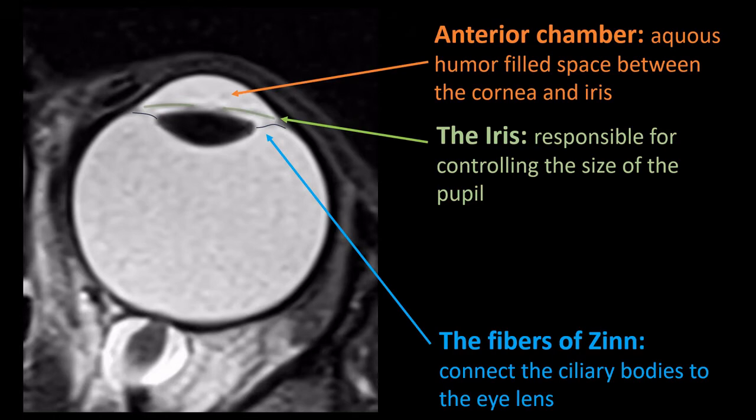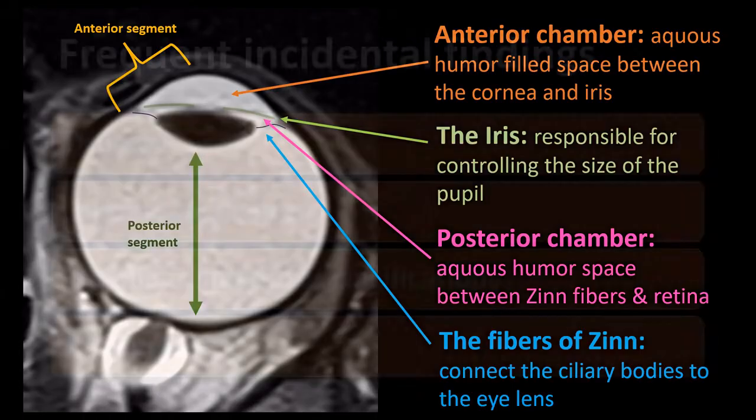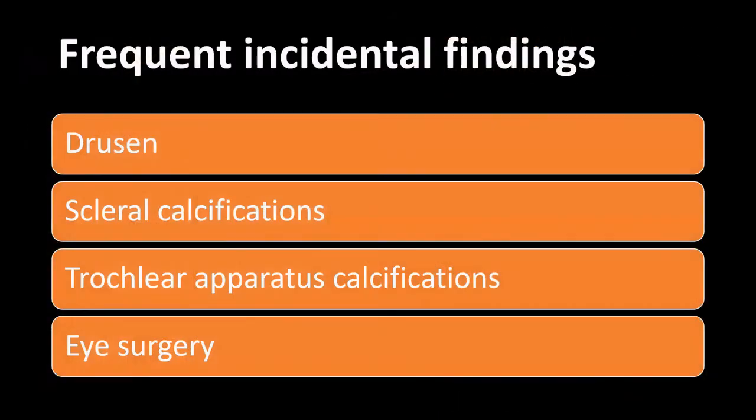So the anterior chamber is between the cornea and the iris, and a posterior chamber, very small, between the fibers of Zinn and the iris. This is wrong. This should be the iris, not the retina. So these constitute the anterior segment, and the posterior segment, as said, is filled with the vitreous body, which is a gel-like substance.